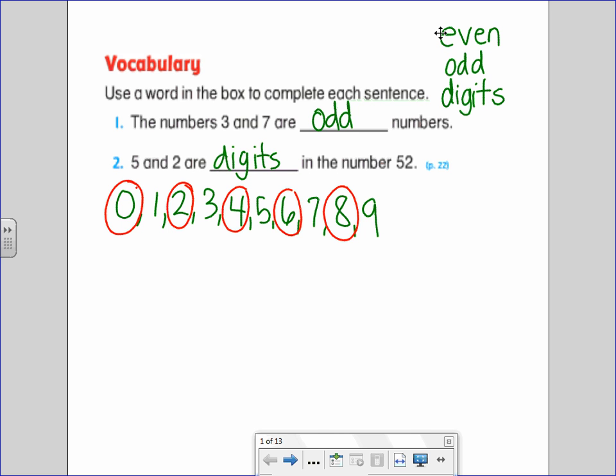When a number ends in 0, 2, 4, 6, or 8, those are what? Odd or even? Olivia? Even. Then the remaining digits, 1, 3, 5, 7, and 9, are the odd digits. And any numbers that end in those digits are also odd.